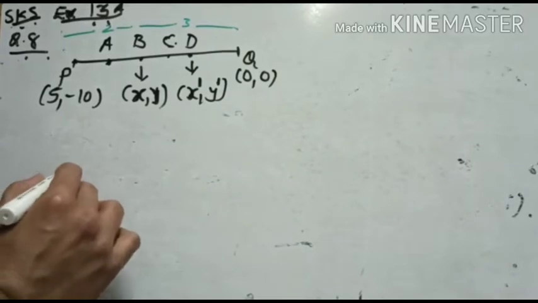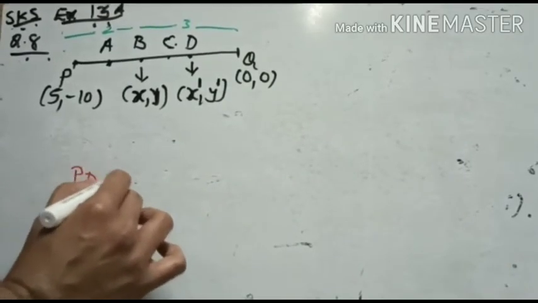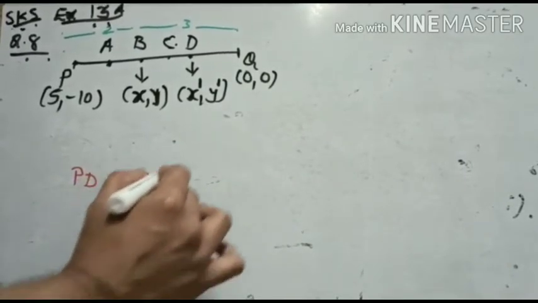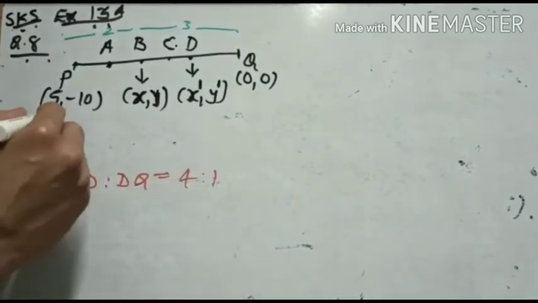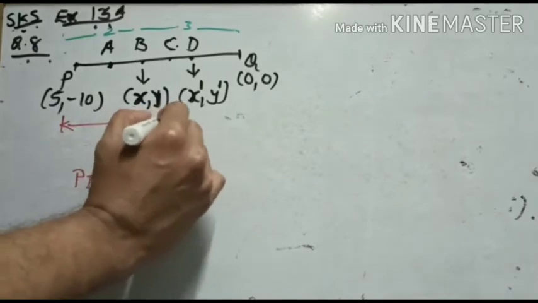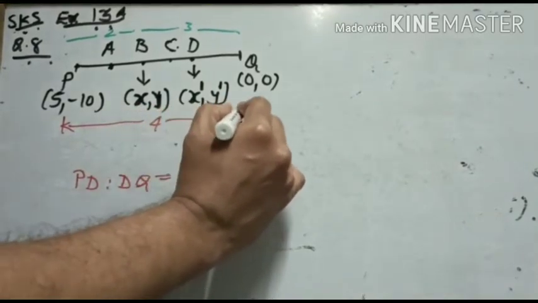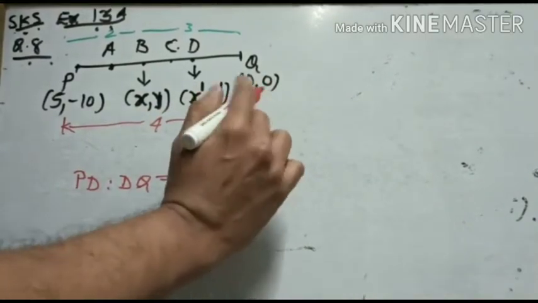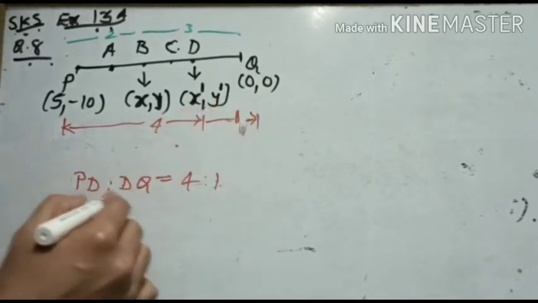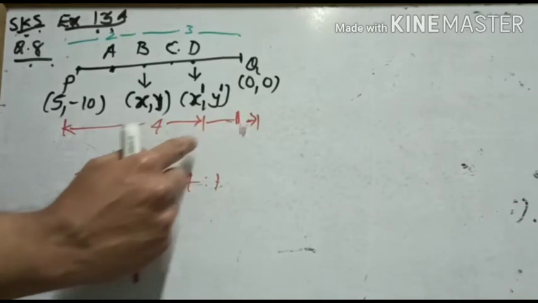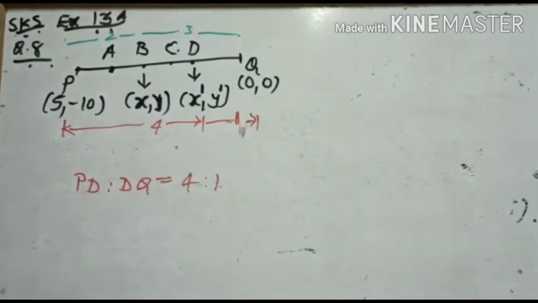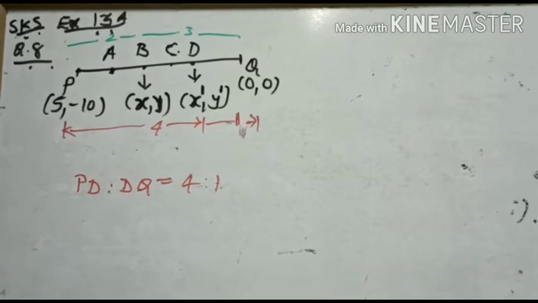So PD is to DQ is 4 is to 1, so m1 is to m2 will be equal to 4 is to 1. Again apply the section formula and you can calculate the values of x dash as well as y dash.